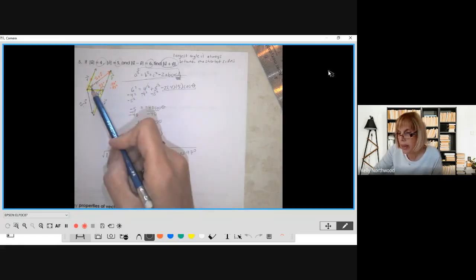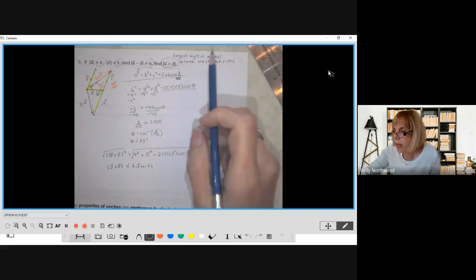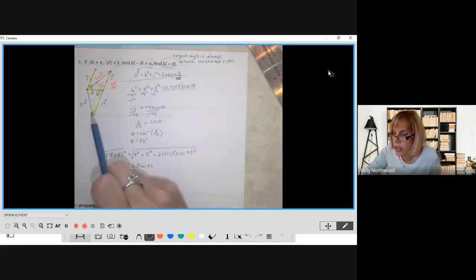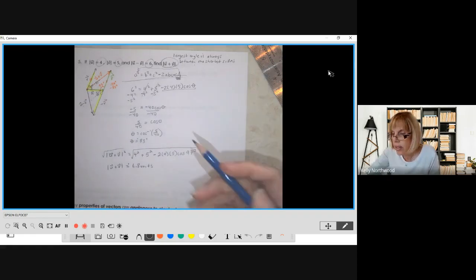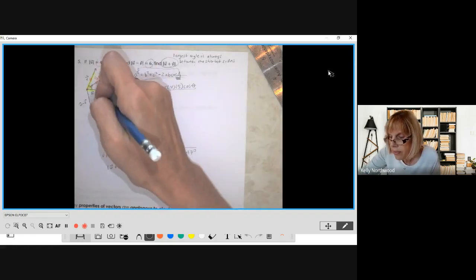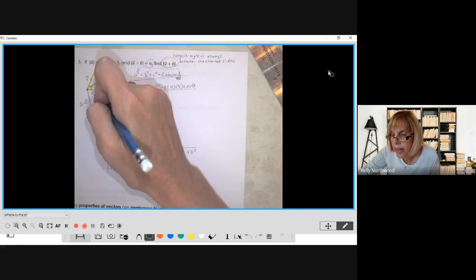But in this case, I was okay. It was pretty good. And remember, when you're finding that initial angle, when you know all three sides, you use the cosine law to find the largest angle, not theta, because if you did have an obtuse angle, you could get the wrong angle for here.